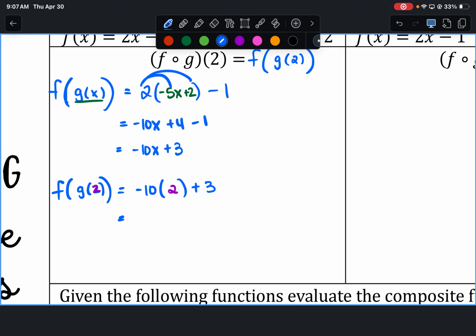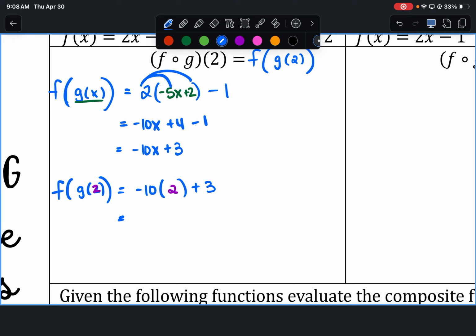Yep. And so negative 10 times 2, yes. You could replace just the x up there, but you would have to just do the x. And a lot of people find that confusing because it's just a lot of plugging in one place.